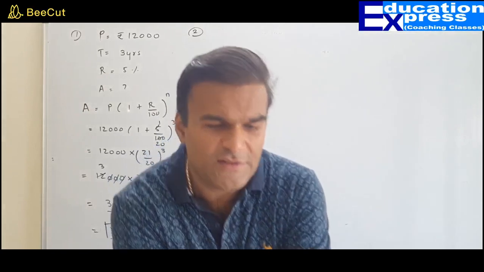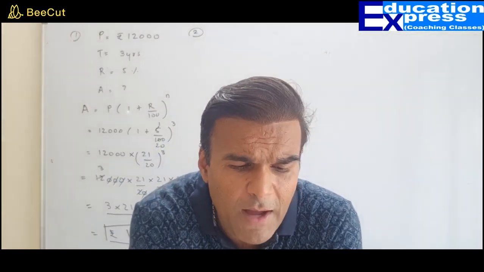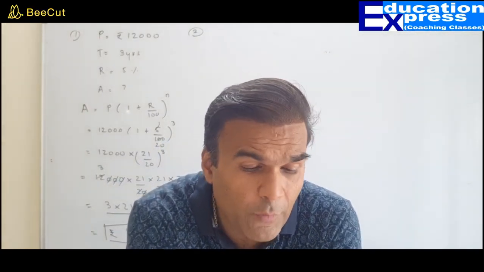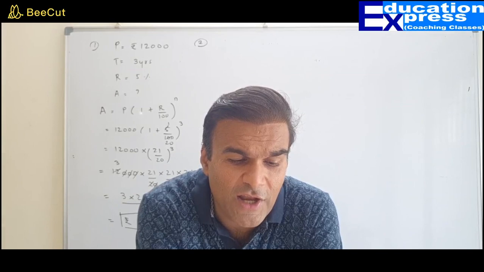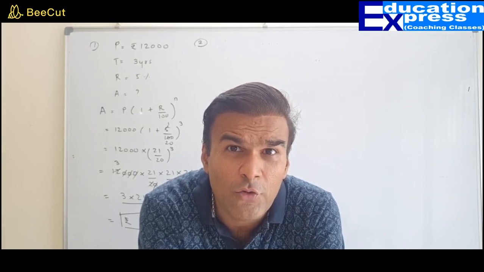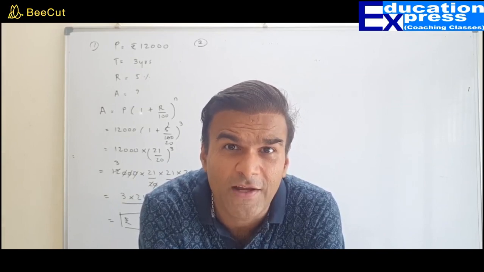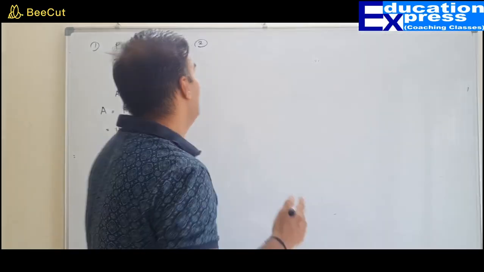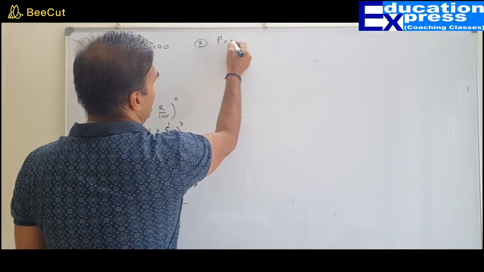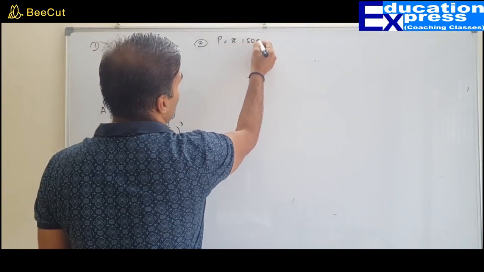Question number 2 says, calculate the amount if rupees 15,000 is let out at compound interest for 2 years, where the rates of interest for the 2 successive periods are 8% and 10%. So basically, my principal is rupees 15,000.